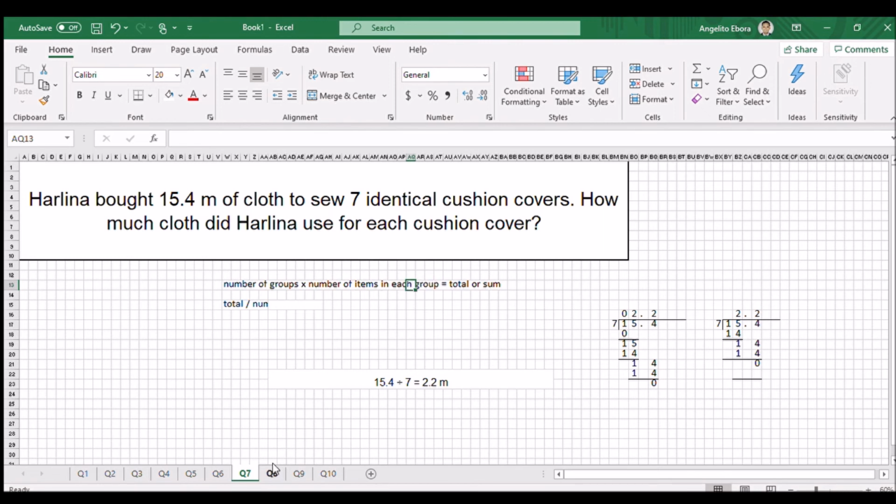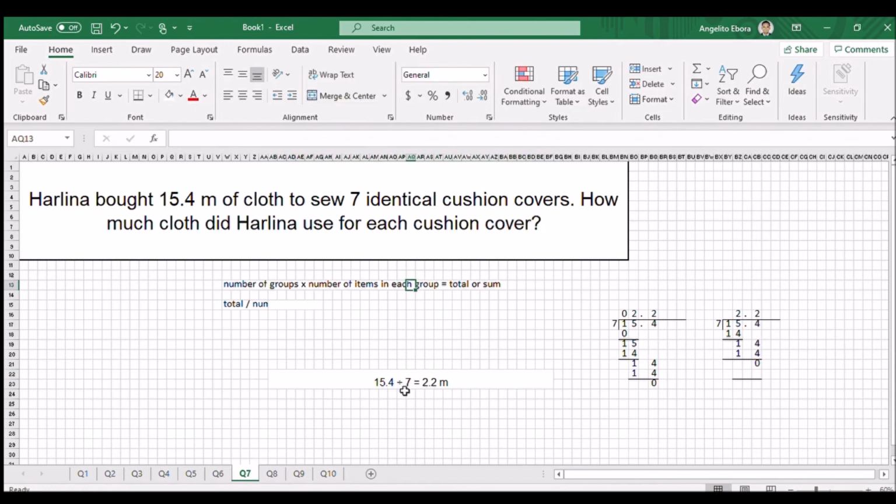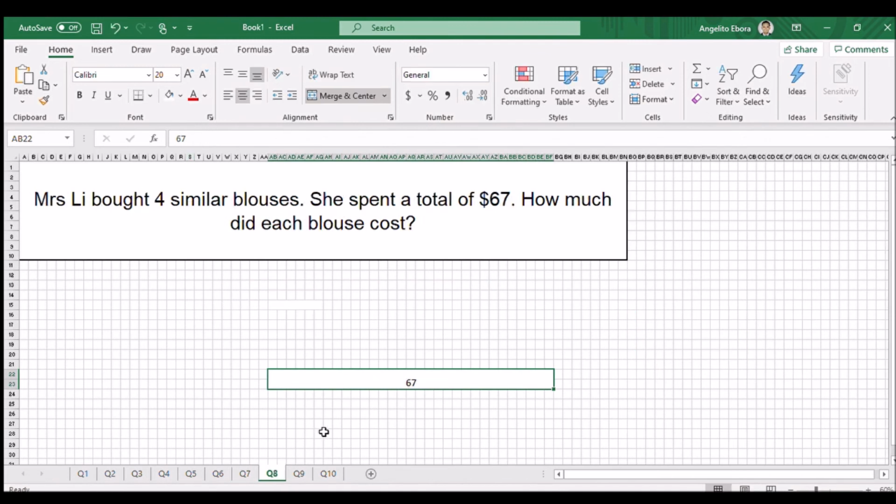So this one, we have the total, we have the number of groups, we're looking for the number of items in each group. So that means we need to divide. So 67, just go back and copy the division sign. 67 divided by 4.